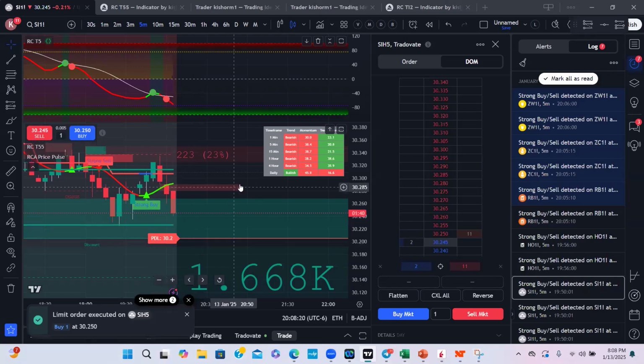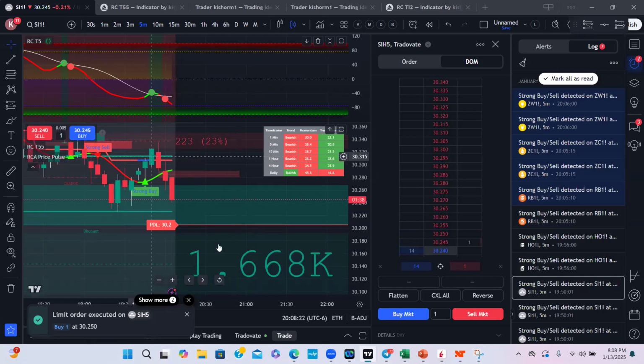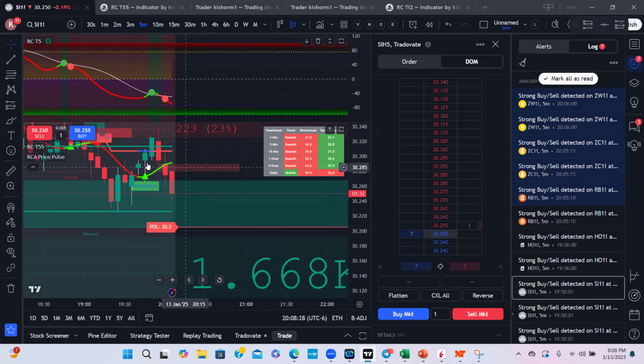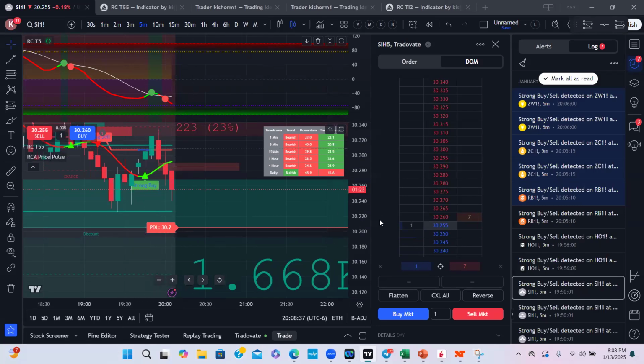We use futures, or we can do stocks, options, SPX, earnings, whatever it is. For your risk, you can always use prop firm accounts. You can take the trades, and if you have money sitting idle in the bank, you can get 2% return per month.